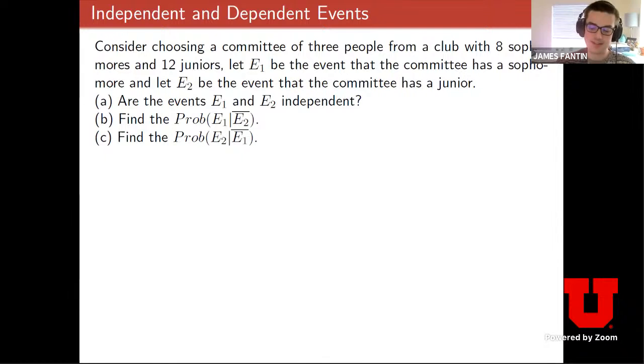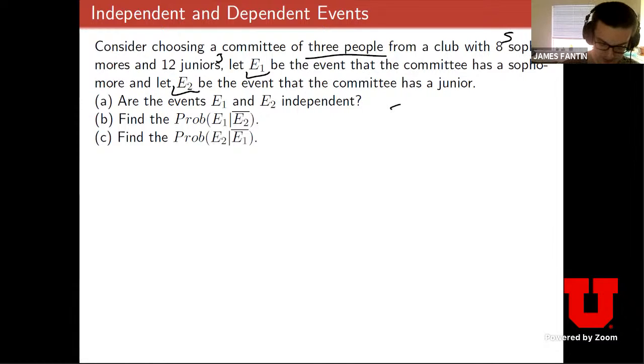So yeah, the last explanation, they said no because if there's a junior, then there's less chance for there to be a sophomore, and that's kind of the correct argument. And the way to easily tell is there's only 3 people that can be on the committee. So we'll have S represent the sophomores and J represent the juniors.